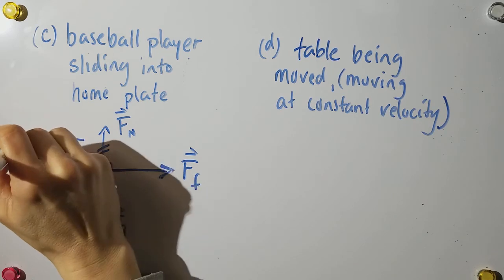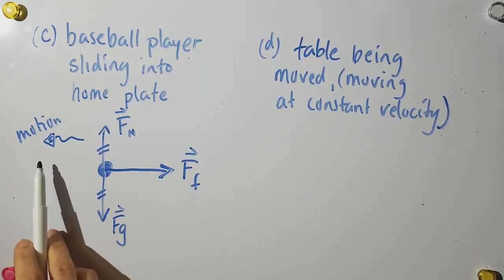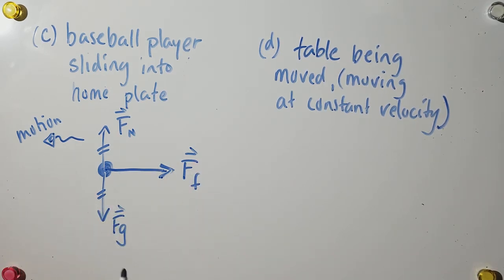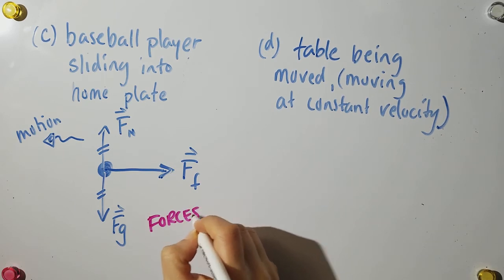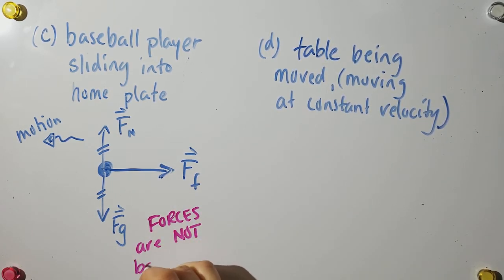So this right here is the motion. Now this person is sliding. They're slowing down. So we can see right here that the forces are not balanced. Okay, so we call this unbalanced.